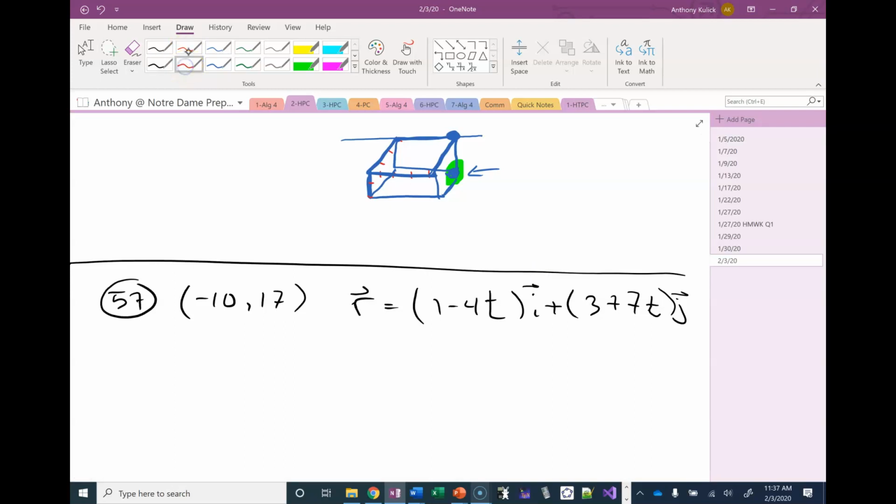So just like I did on 67 that Maya had asked about, we're going to rewrite this back into standard IB form or whatever. So I'm going to have 1, 3, plus -4, 7, t.